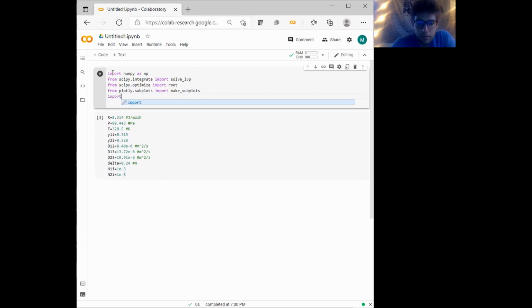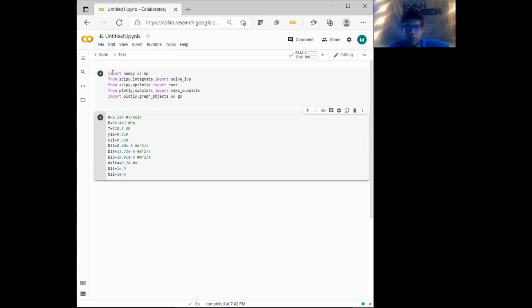We need to import plotly dot graph objects, and we're just going to define that as something small, like with NumPy we did NP. We're going to call it go, because we're going to need it later. When we have three different functions on the same graph, we're going to need this tool to be able to plot each of our functions.